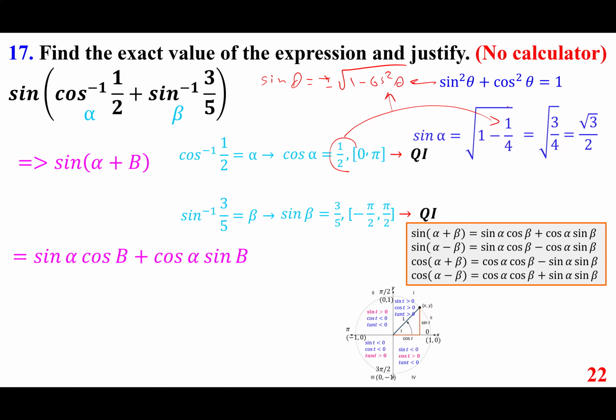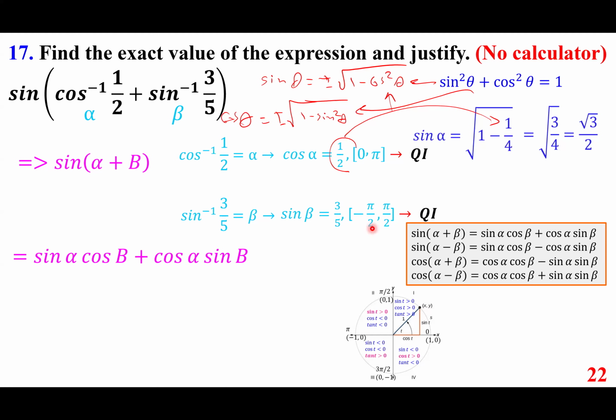Of course, if I want to find cosine, it works the same way. Cosine theta is plus or minus the square root of 1 minus sine squared, and we use the plus only because it's in the first quadrant.